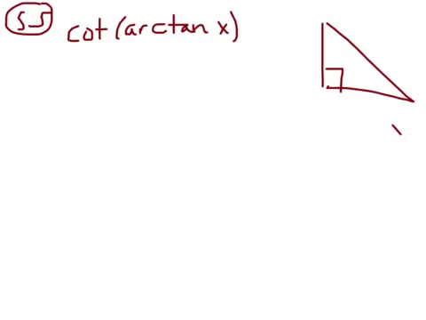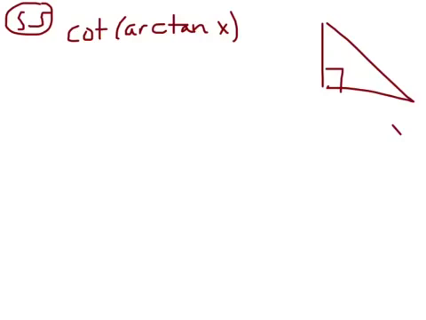But it's so easy to get that idea of inverse functions mixed up with reciprocal functions. Cotangent and tangent are reciprocals. If I had tangent of arctangent of x, my answer would be x. Since it's cotangent of arctangent of x, I have a feeling the answer is going to be 1 over x, because you just flip it. But let's verify it. We can figure out a whole lot more than we think we can here.